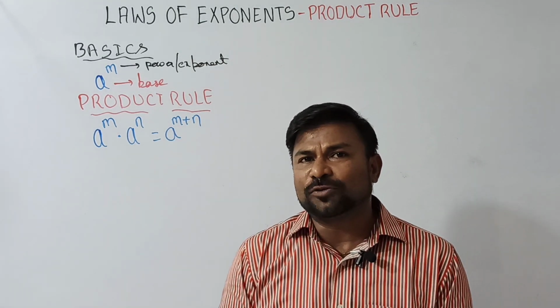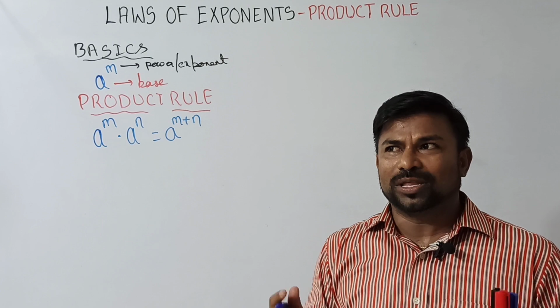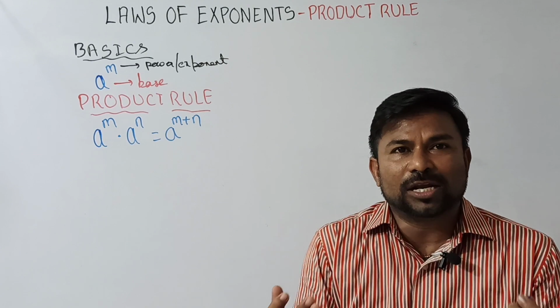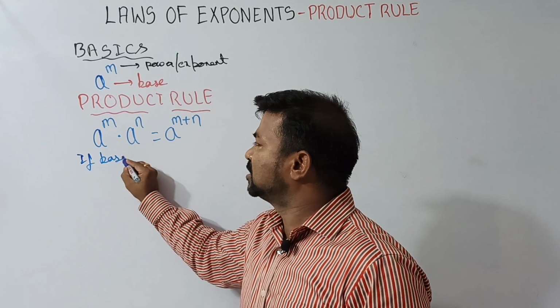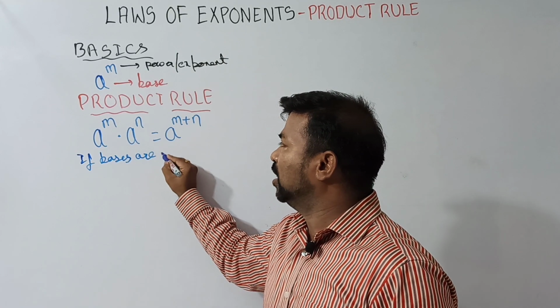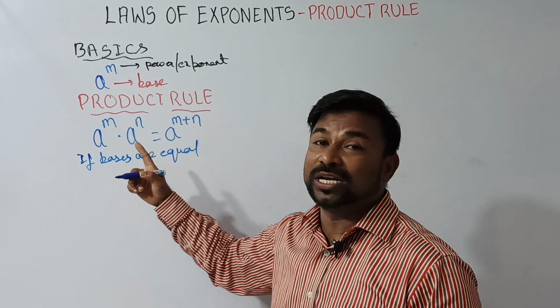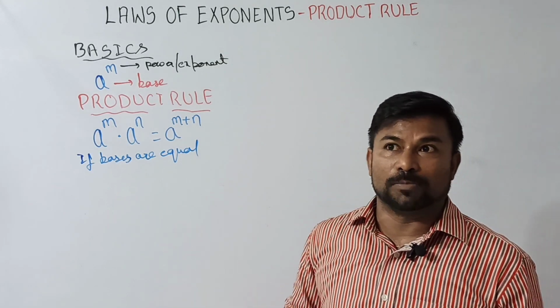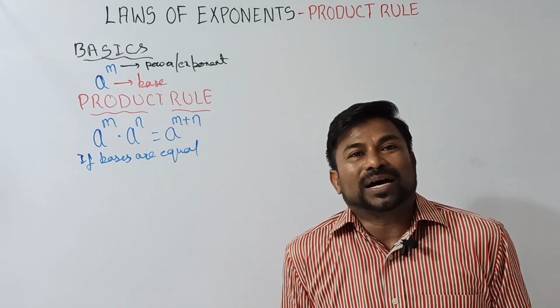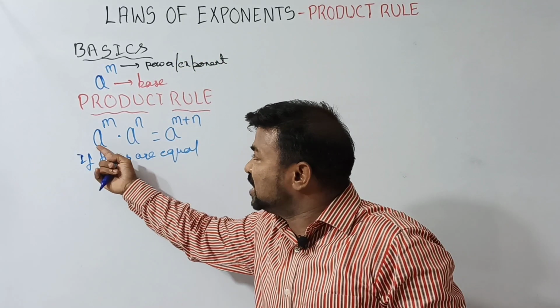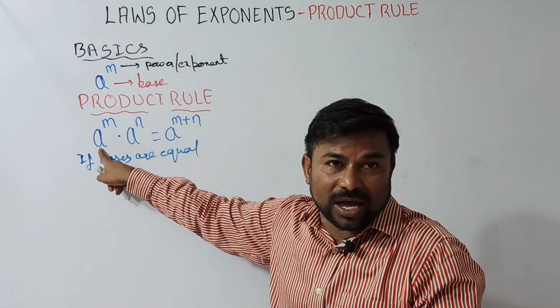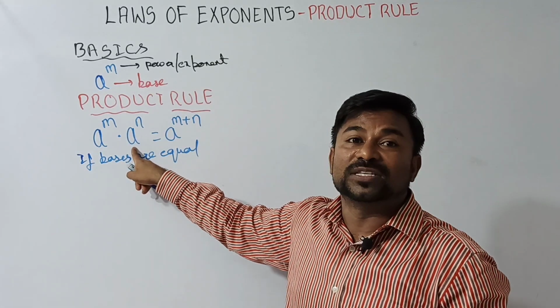Let me write it in verbal form so that it is easy to remember. If bases are equal, that is the first condition. Just now I said, the bottom part is called the base and the top part is the power. See here, the base of this one is a and the base of this one is a.